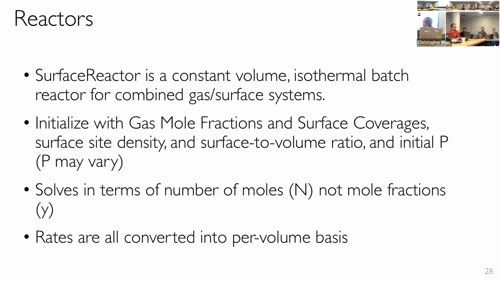But for the surface reactor, we use a constant volume isothermal batch reactor. It has gas species or gas reactants and a surface associated with it. Then we initialize it with gas mole fractions and also surface coverages, so you can specify what's already on the surface within your batch reactor.